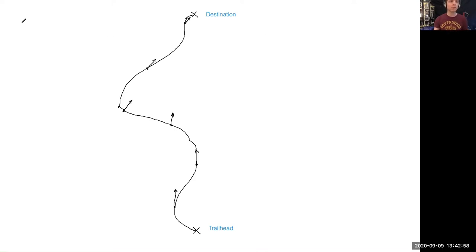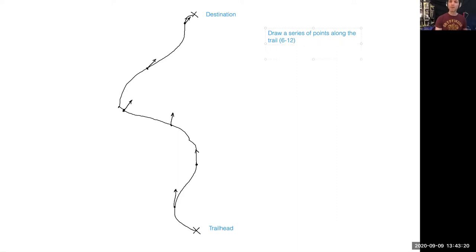So the instructions were to draw a series of points along the trail, 6 to 12 of those. Again, this is more for concept than detailed math.